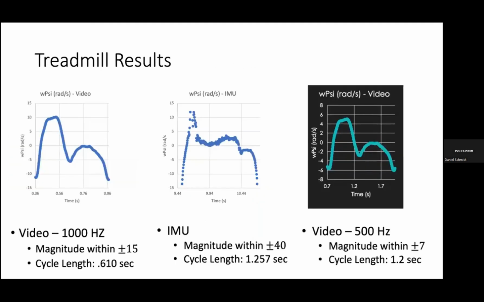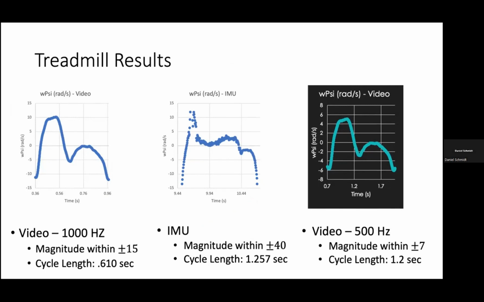So treadmill results. This is all just one stride. In the middle is the IMU data. This was analyzed with different equations, so it doesn't look as clean as it will in a couple of slides. But on the left, I was comparing it assuming the camera was collecting at 1,000 hertz. Our peaks looked really good, but our cycle length was half of what we were getting from the IMU.